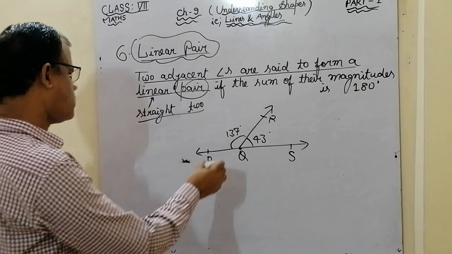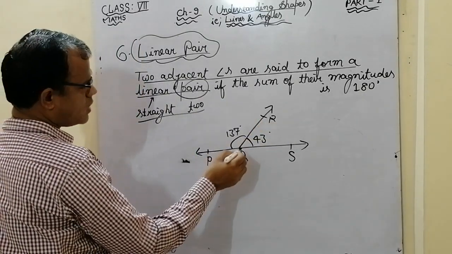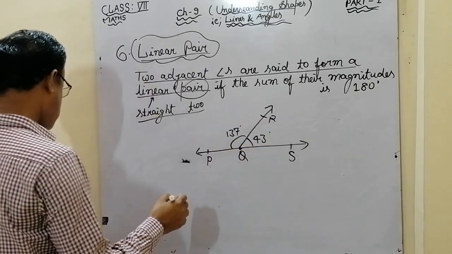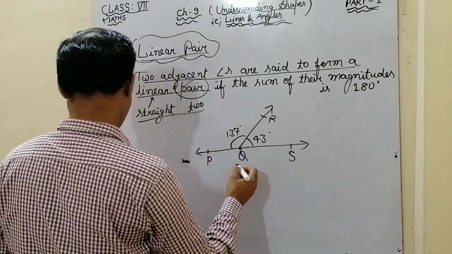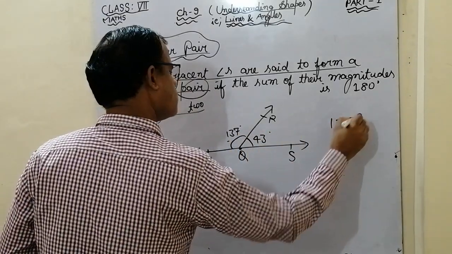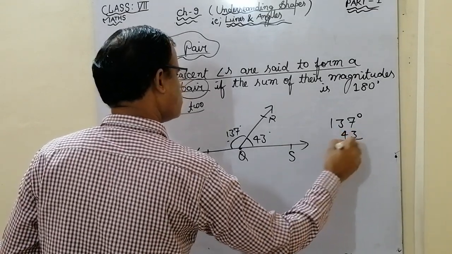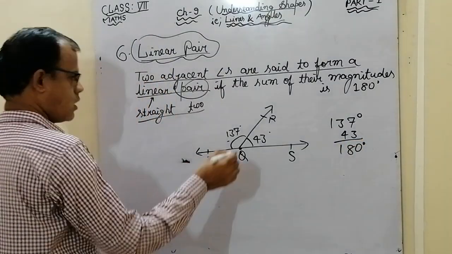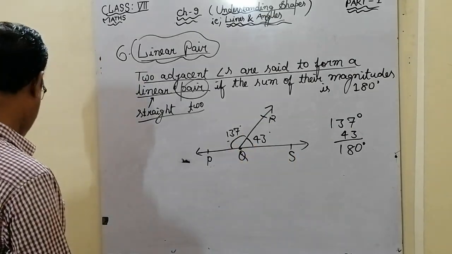So PQR is adjacent to angle RQS. Why? You can see here PQ is opposite to SQ. So the sum of both angles is 137 and 43. It becomes 180 degrees. So we can say that angle PQR and angle RQS form a linear pair.